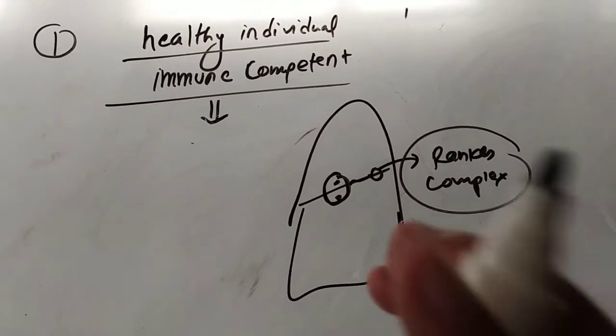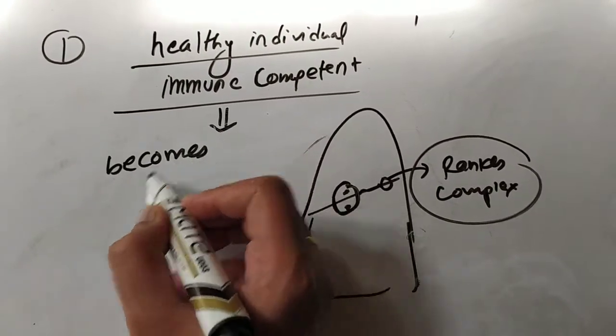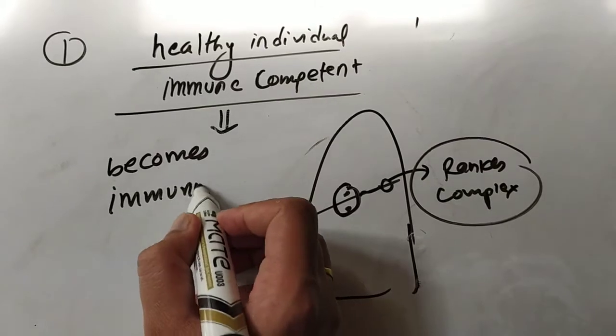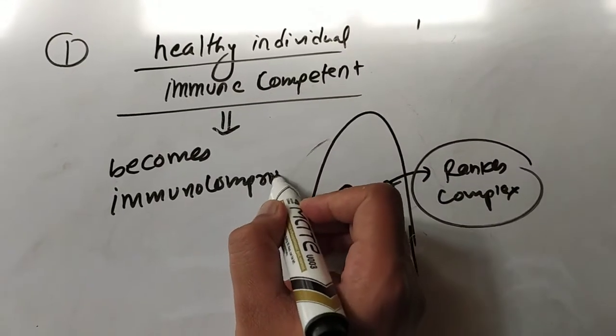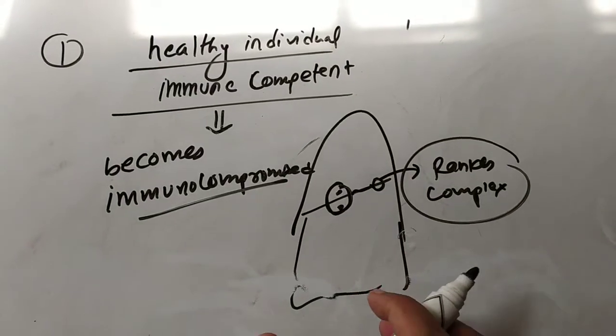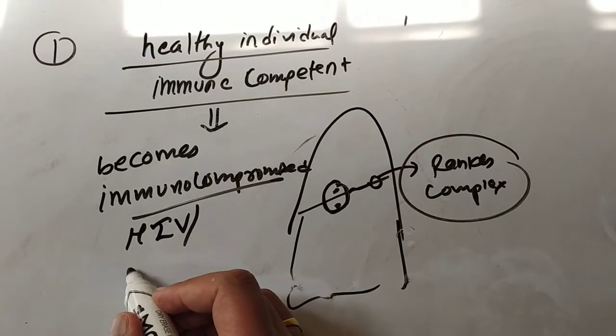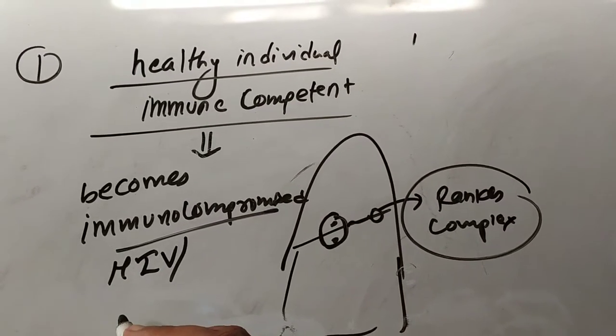But yes, when this immunocompetent person becomes immunocompromised due to any reason, let us suppose this immunocompetent individual has developed HIV, or is under any therapy which is compromising his immunity.